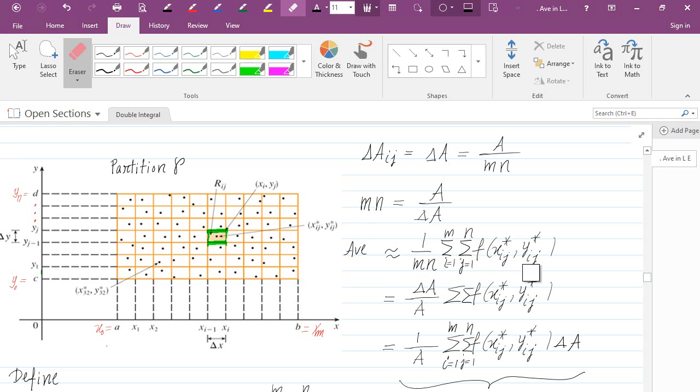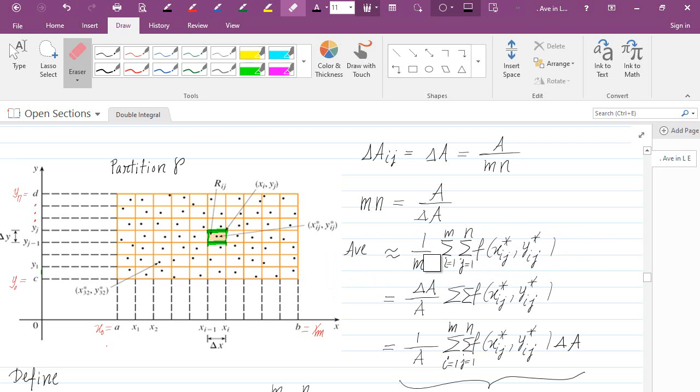So this sum right here is the sum of the values of f at the test points, and we divide this sum by the number of test points mn, and that is an approximation of the average value of f on this rectangle.